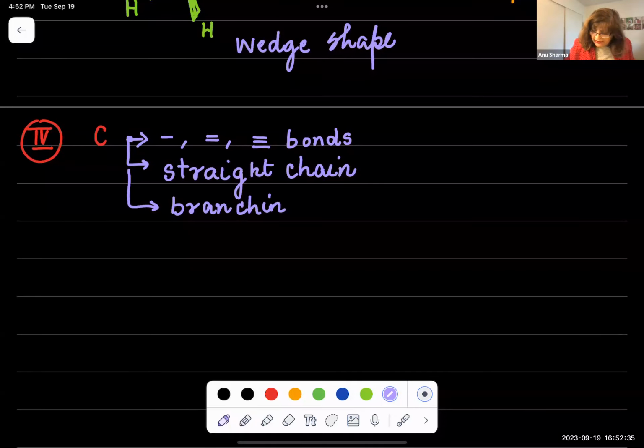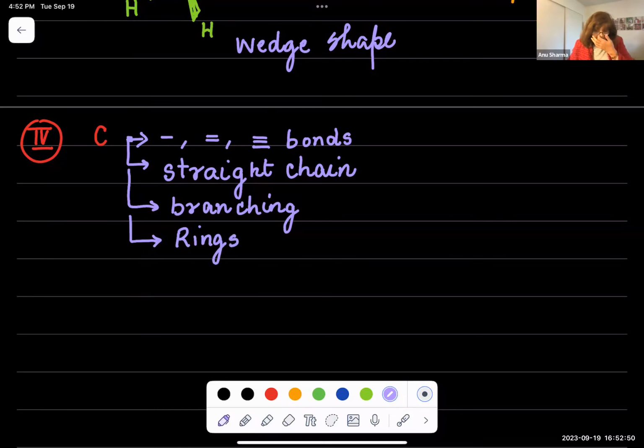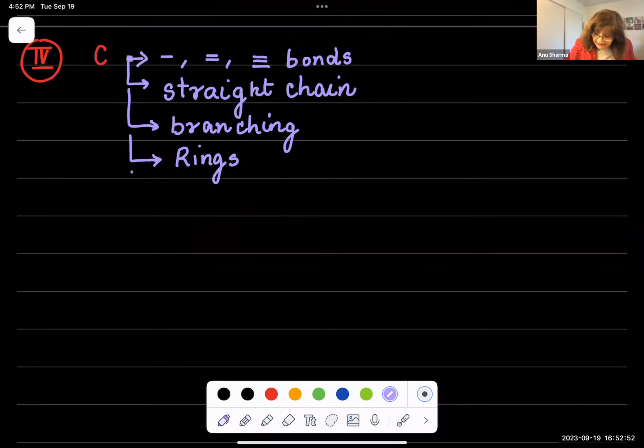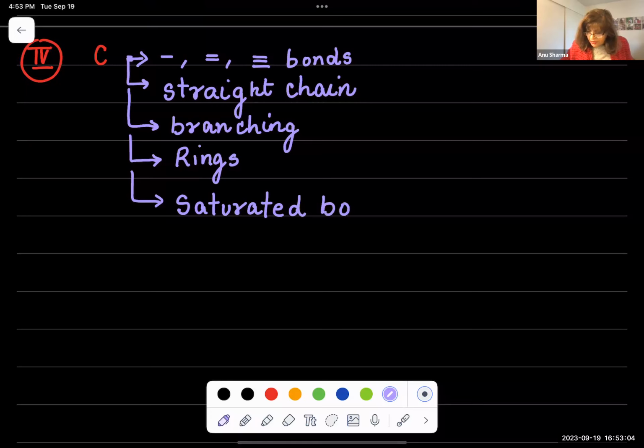Branching can occur at different carbons in the chain. Carbon can also form rings. And carbon can also form saturated molecules. Saturated means all the bonds are single bonds.